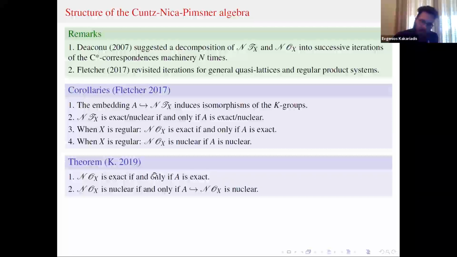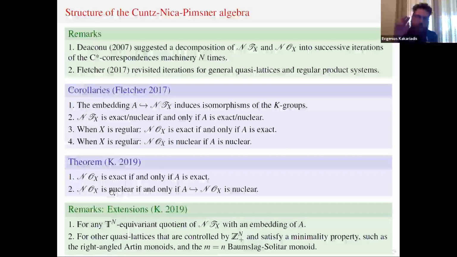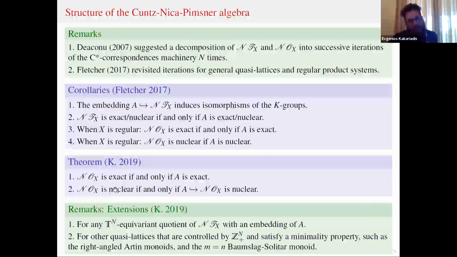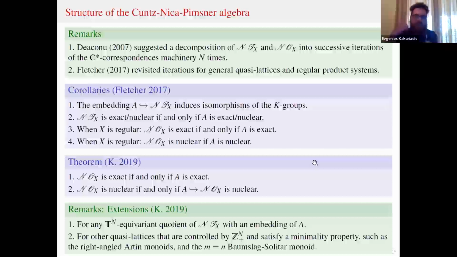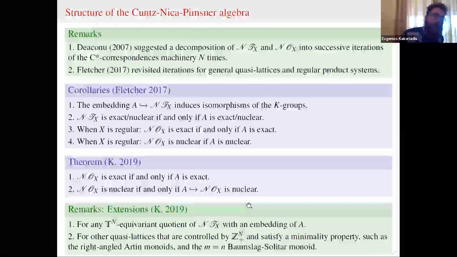Actually, you can do slightly more. You can have item 2 here for any equivariant quotient between NT_X and NO_X. And you can also do it not just for product systems over Z_+^N, but also for other quasi-lattices that are controlled by Z_+^N and satisfy a minimality property.